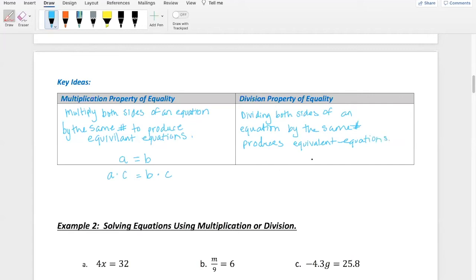And so that one might look like, again, if we had our A equals B, we could also just divide them by that same amount.